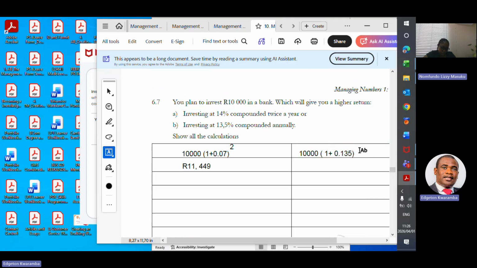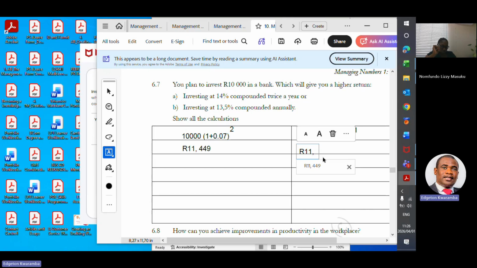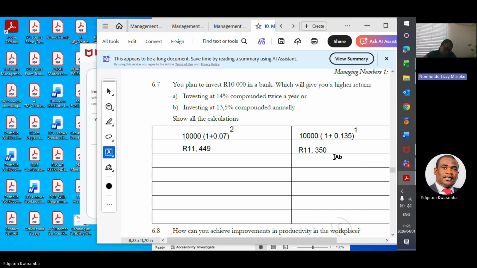So it's to the power 1 if you want, but it's all the same. It will give the same answer even if you don't put a power on it. From my head, it's giving me 11,350, but please confirm if it's correct. Okay, correct.